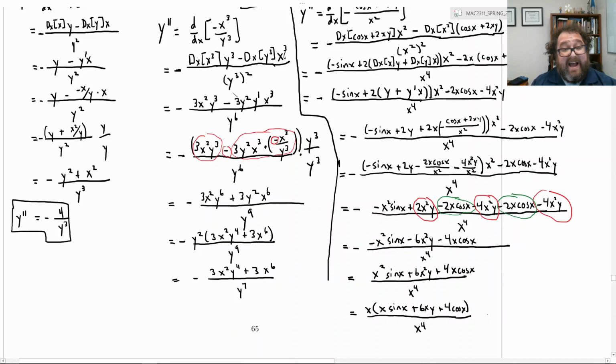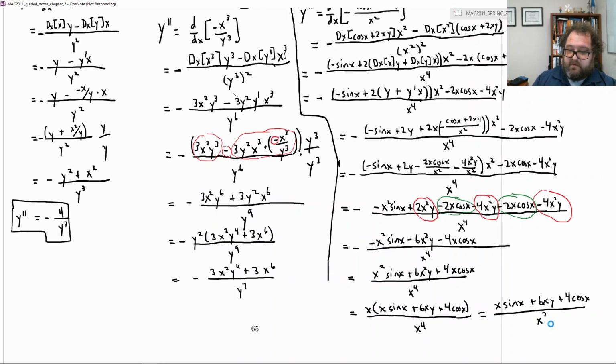And now if I divide out that common factor of a single x, I get what looks like my final answer: x sine x plus 6xy plus 4 cosine x over x cubed. I think we have it.